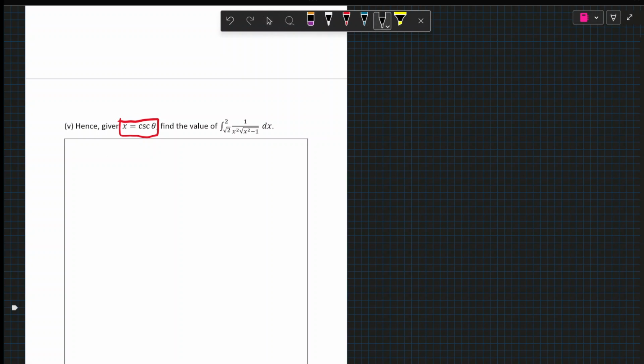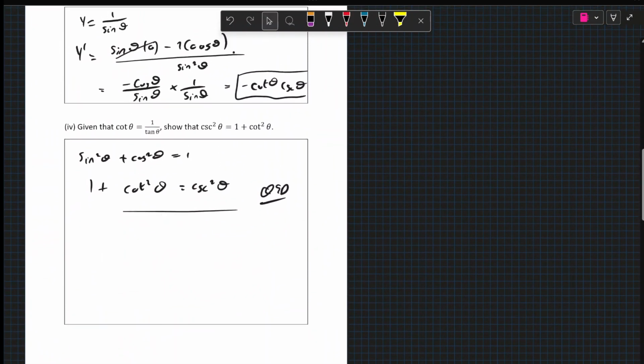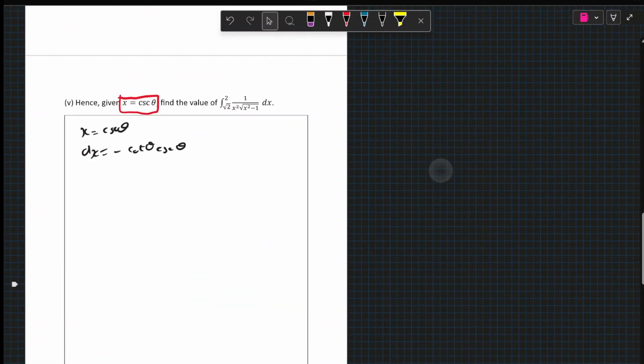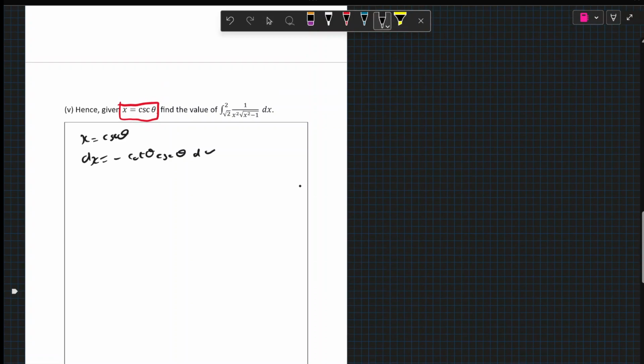So, x is cosec theta. Now we're told what the derivative is. We're told cosec is minus cot theta cosec theta, I think. Yeah, minus cot theta cosec theta, and this is d theta. Now, one thing with integration by substitution questions like this, when I think they're going to be more complicated, is that I change the limits.